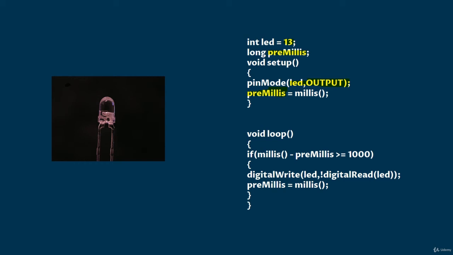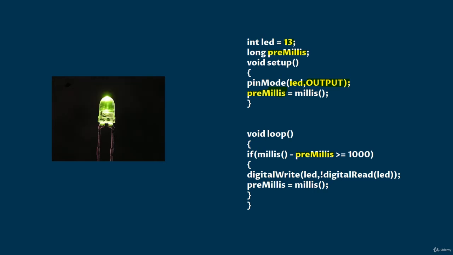Now come to void loop. There is an if statement within brackets: millis minus pre-millis. Here pre-millis is holding a value, and millis is a stopwatch. It is counting. Suppose pre-millis has a value of 500.